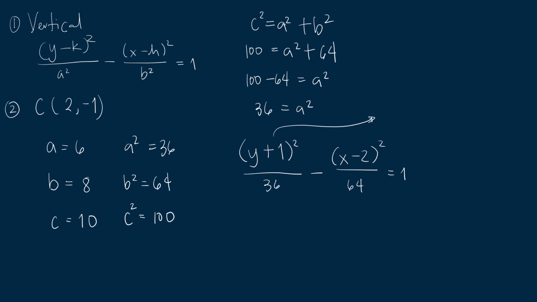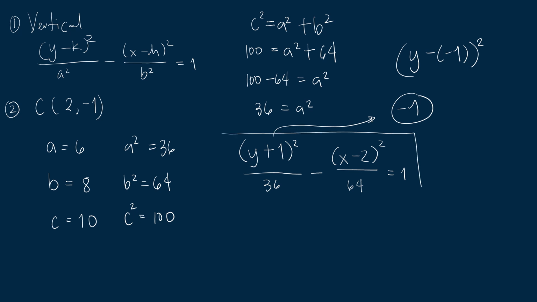Remember that negative 1 siya dahil y minus negative 1, may magkatabi tayong dalawang negative, lagi siya nagiging positive. Nagbabago tayo ng sign. And that is your final answer if your center is not on the origin.